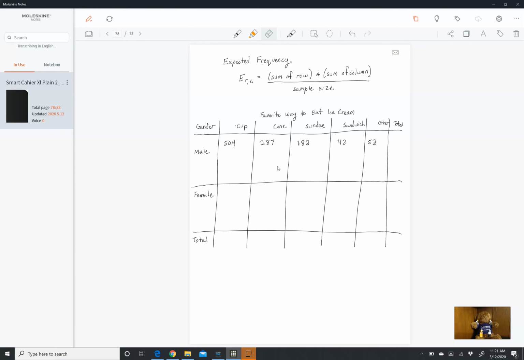Then for the females, we were given the 474, the 401, the 148, the 45, and the 50. Here's what we weren't given. We weren't given the totals, so we're going to calculate the totals.